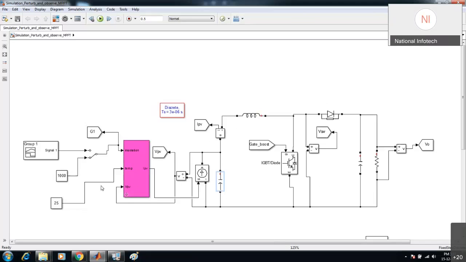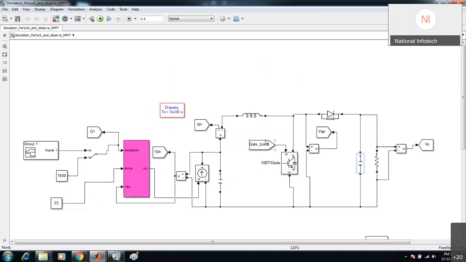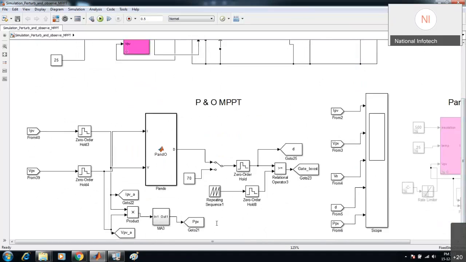Okay, so this is the 450 watt panel. Okay, and this is our capacitor. This is our inductor. Okay, and this is our output capacitor. And this is our gate bus. We are getting it from here. Okay, so here we have generated a carrier wave, and we are comparing it with the duty cycle. Here we have kept the selector switches. So this is the duty which we will be giving.